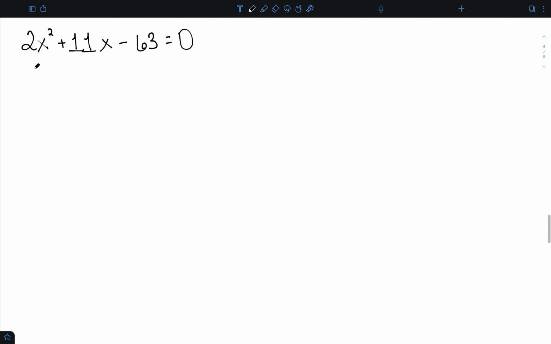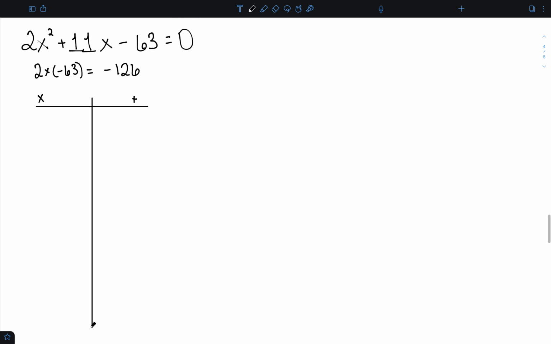Next, let's look at 2x squared plus 11x minus 63 equal to 0. I'm going to start by multiplying a times c, so 2 times negative 63. And that's going to give me negative 126. So I need things that multiply to be negative 126 and add to be 11. We have negative 1 and 126, as well as 1 and negative 126.